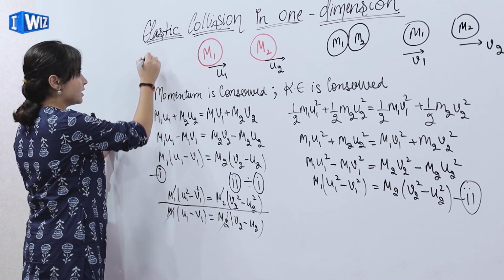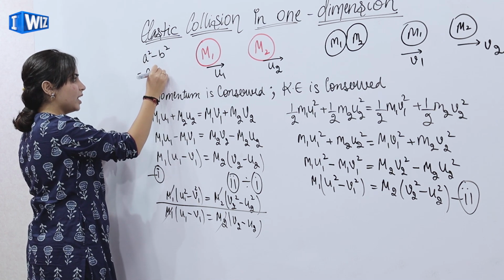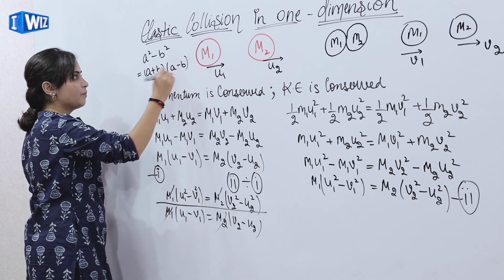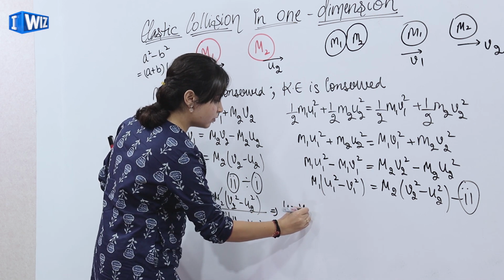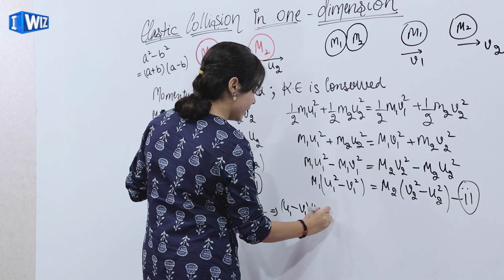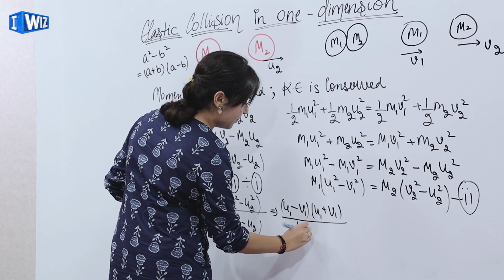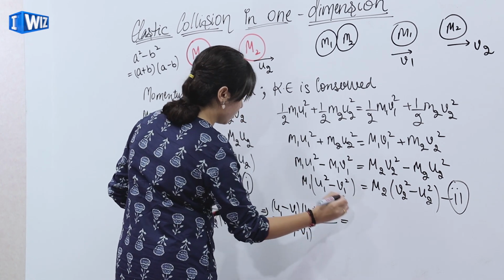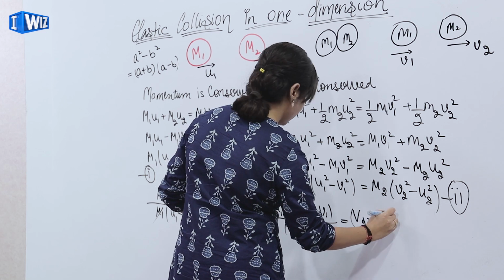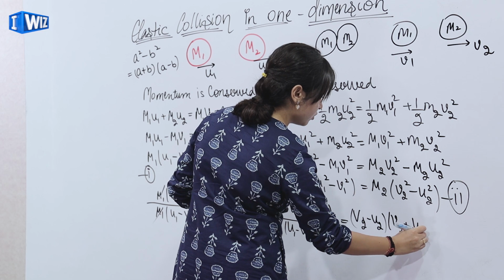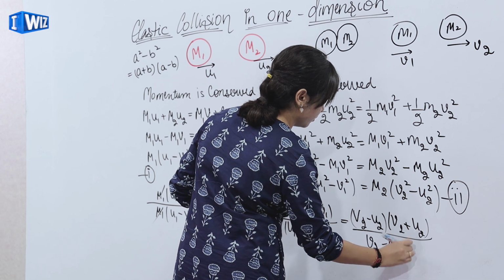We can use an identity a square minus b square is equal to a plus b times a minus b. So using this identity here, we'll get u1 minus v1 times u1 plus v1 upon u1 minus v1 is equal to v2 minus u2 times v2 plus u2 upon v2 minus u2.